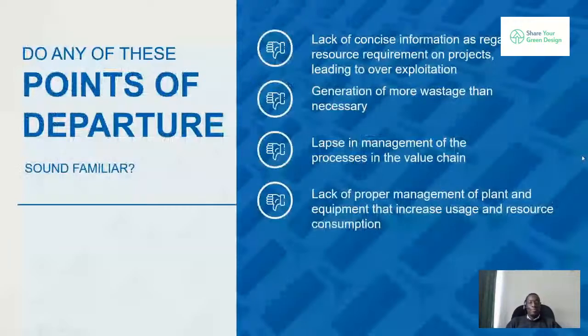Of course, there are some questions that we need to ask ourselves, like, where was the actual point of departure? Where did the rain start beating us? And as I look at it from a project management point of view, we have cases of a lack of concise information as regards the resource requirement for projects.